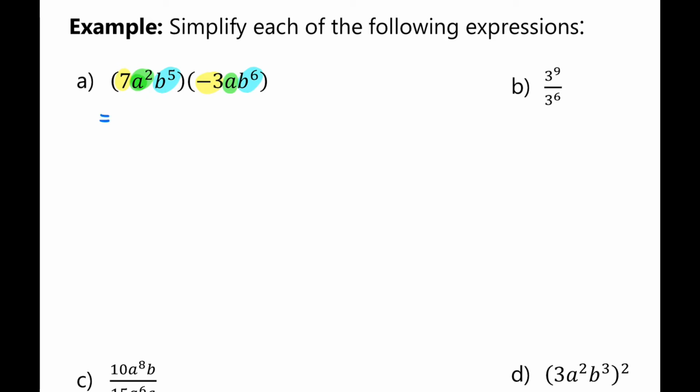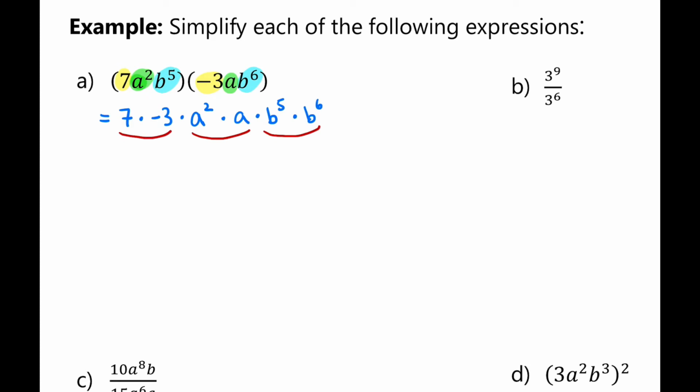You can just rewrite it as 7 times negative 3 times a squared times a times b to the power of 5 times b to the power of 6. And I just listed it in order, so I can just combine these two together and these two together.